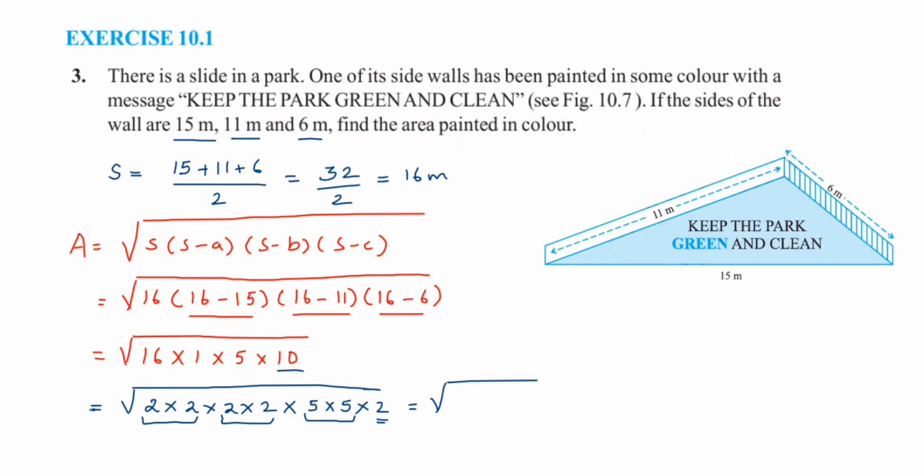So this is 2 square times 2 square times 5 square times 2. So all the numbers which have a square, they get cancelled with the square root, and for 2 we don't have a pair here, it's just a 2.